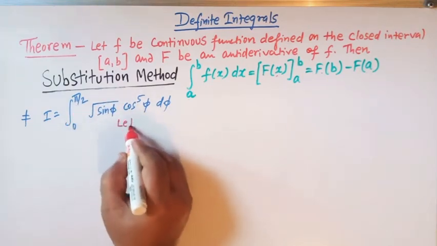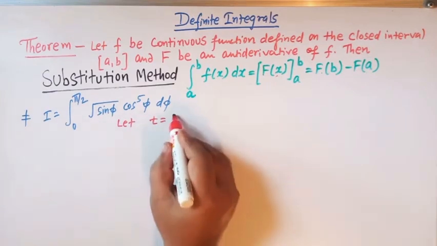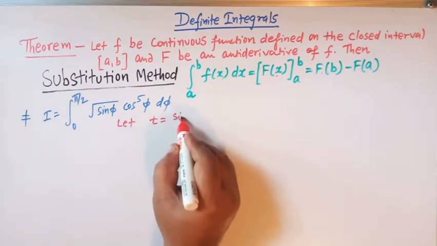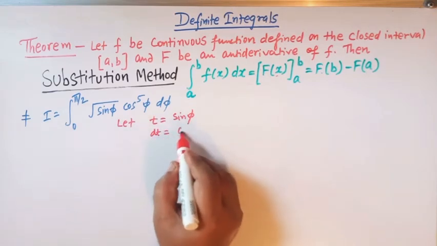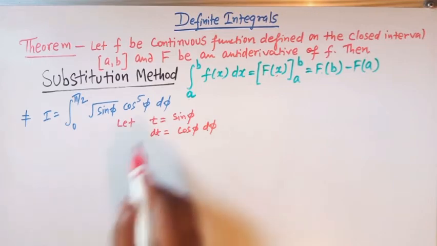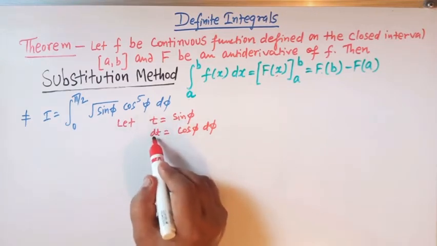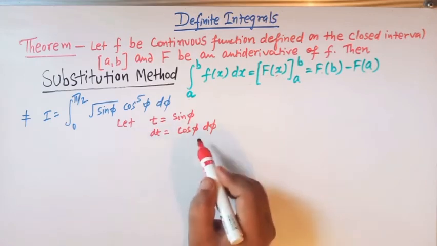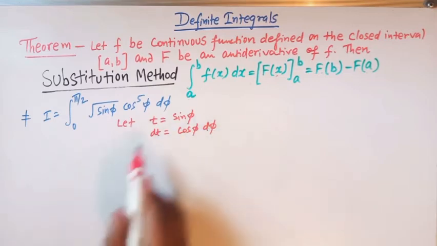So let us say t is equal to sine phi. So dt is equal to cos phi d phi, since we have substituted t equals sine phi.